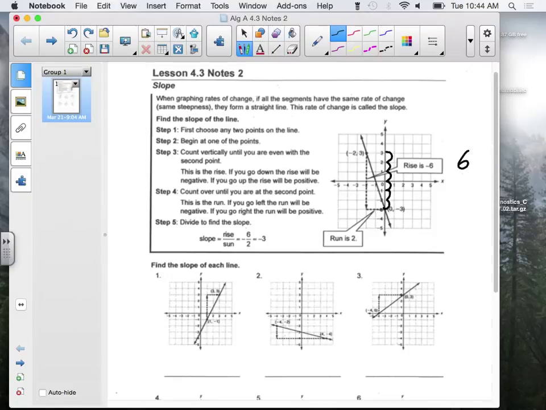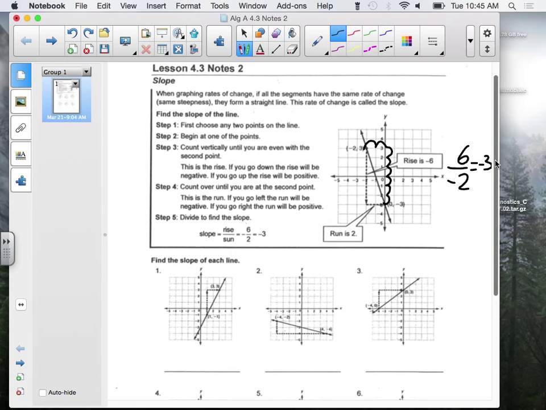And then to get over to our other point, we have to go left 2, so -2, yep. And 6 over -2 is -3. So either way, we still get the same answer, right? Yeah. So it doesn't matter which point you choose, you should get the same slope from either of them.